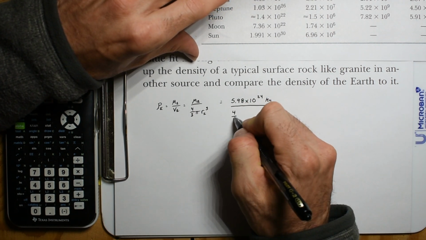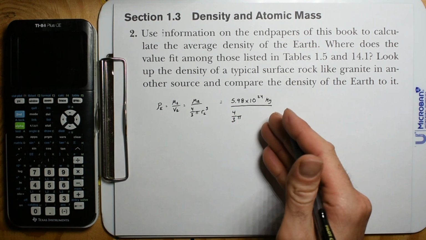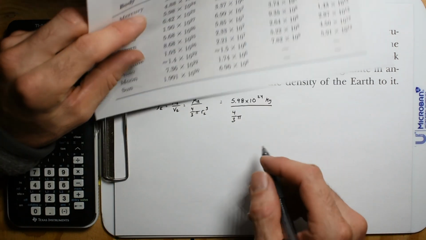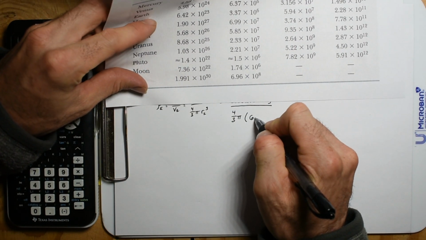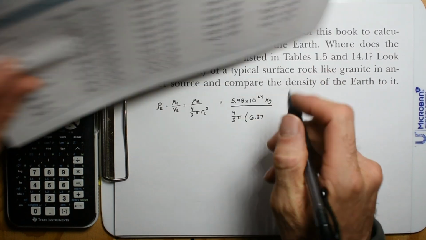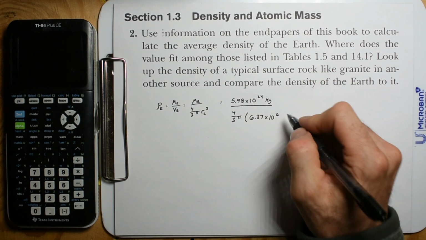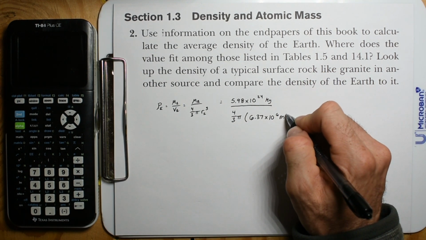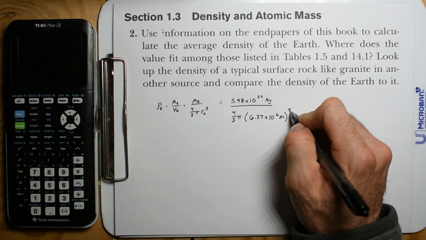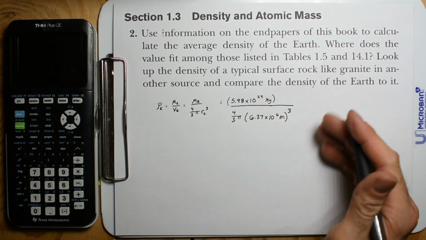And then we're going to go 4 divided by 3 pi. Radius is going to be kind of 6 times 10 to the 6. This one's a little bit harder to memorize because it's 6.37, but you get used to writing 6.37, so you can even memorize that at some point. I guess I didn't. This is going to be in meters, and then we're going to cube it. Now, let's do all of our conversions right now.